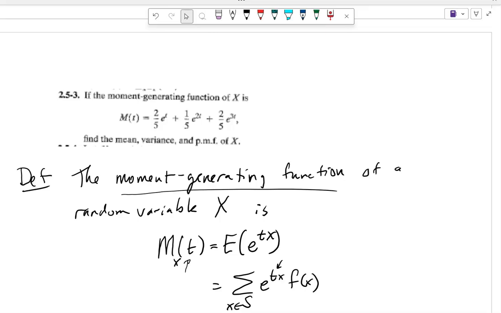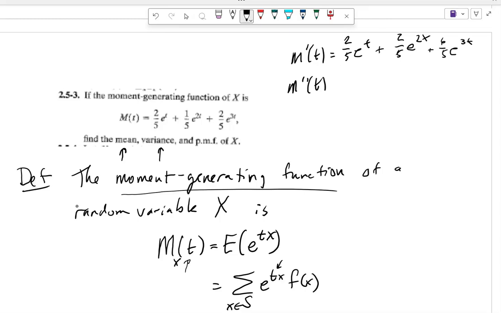But let's do the mean and the variance. I need first moment for mean. I need second moment for variance, right? So first thing I want to do is I'm going to differentiate my moment generating function, get my first two derivatives. What is the first derivative? 2/5 e to the t. Okay. 2/5 e to the 2t. Good. And 6/5 e to the 3t.